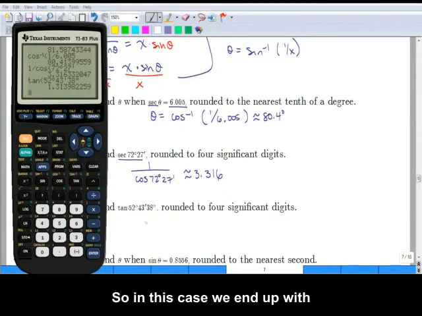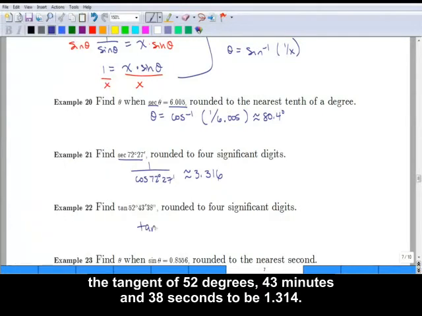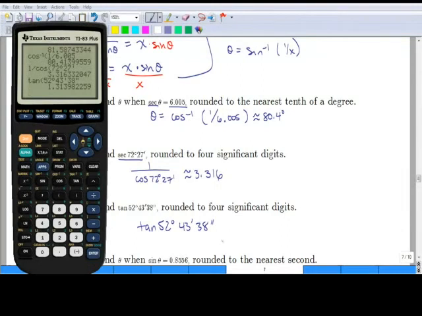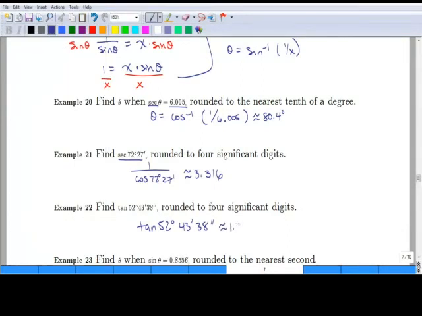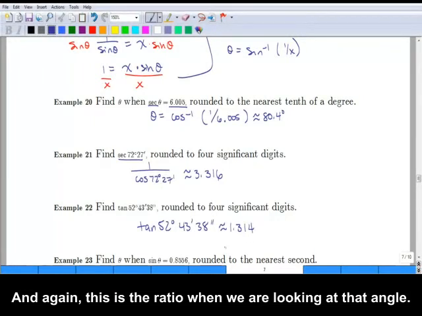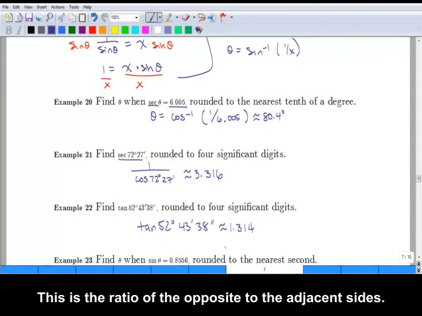So in this case, we end up with the tangent of 52 degrees, 43 minutes, and 38 seconds to be 1.314. And again, this is the ratio when we're looking at that angle. This is the ratio of the opposite to the adjacent sides.